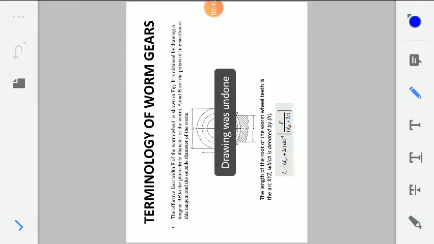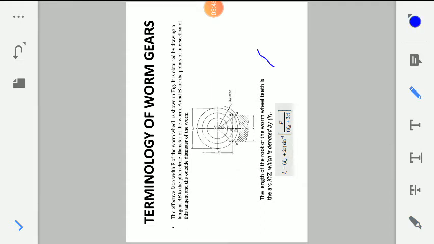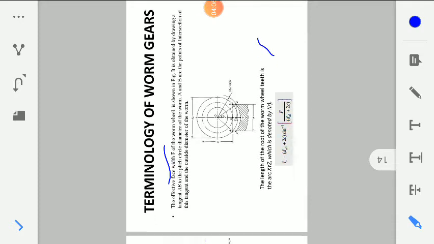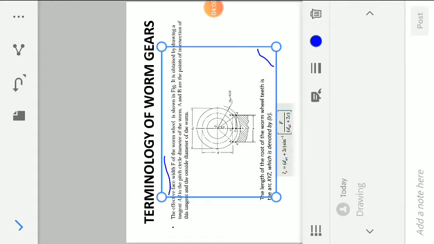Now, in this terminology, we are also going to find out the length of the root. So here the length of the root of the worm is given, and the worm wheel teeth is given, and you find it out with the help of the effective face width. So effective face width is F. It is given by drawing a tangent AB.